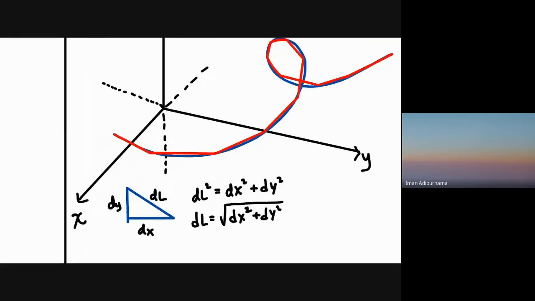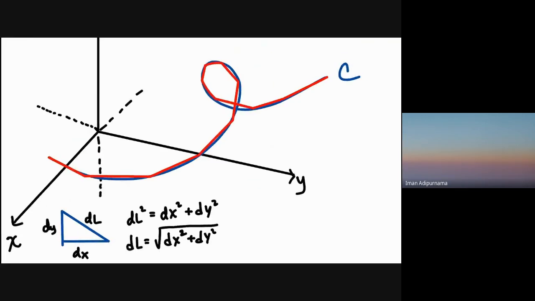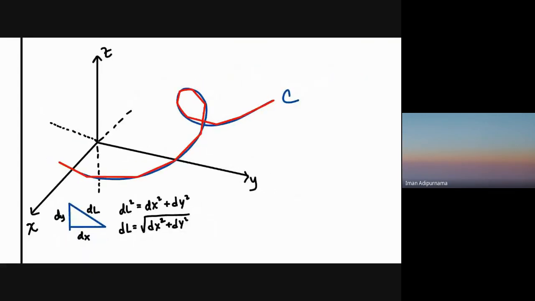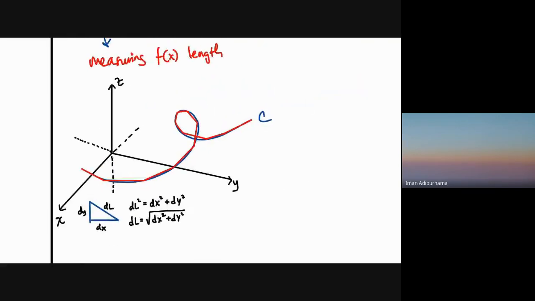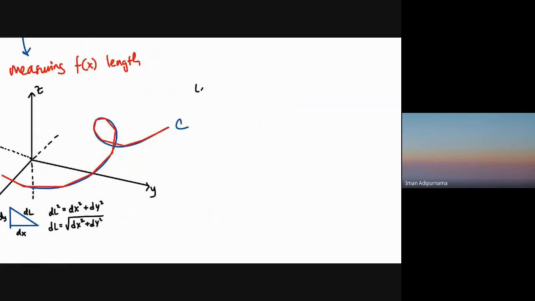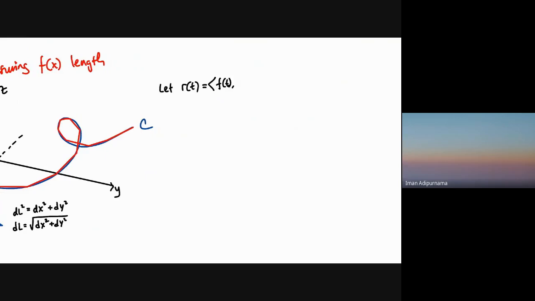But here in the curve, the 3D space, we will have three components, right? So let's say we are writing here, let the r having three components.